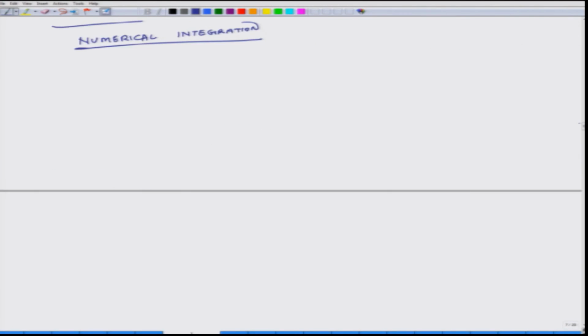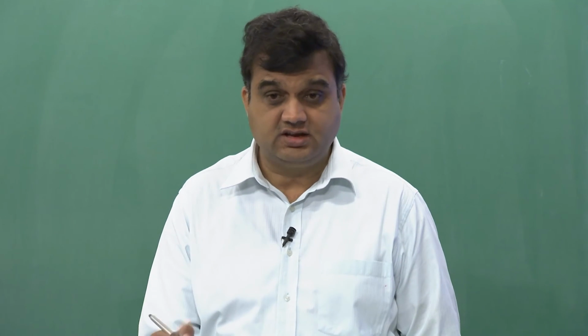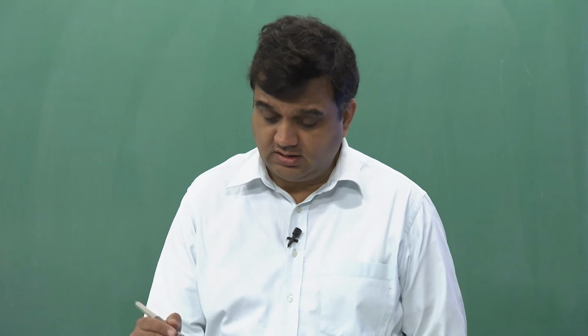Numerical integration. So, now with all this background, we will revisit our original problem. Our original problem is that we are interested in integrating this function f(x) dx over the limits xa to xb. And we are not interested in integrating exactly, because we do not know the exact nature of f(x), so we cannot exactly integrate it.